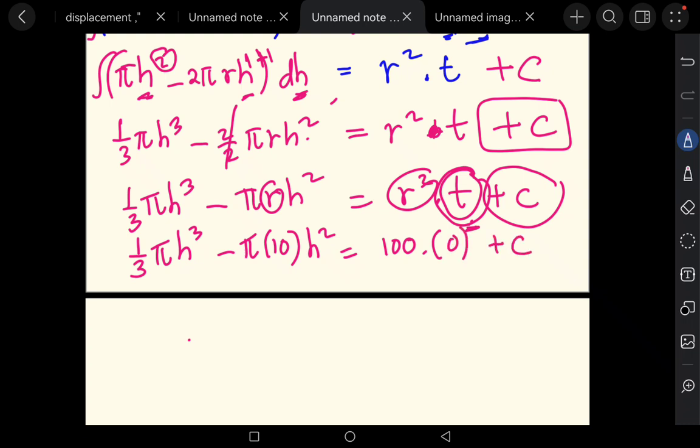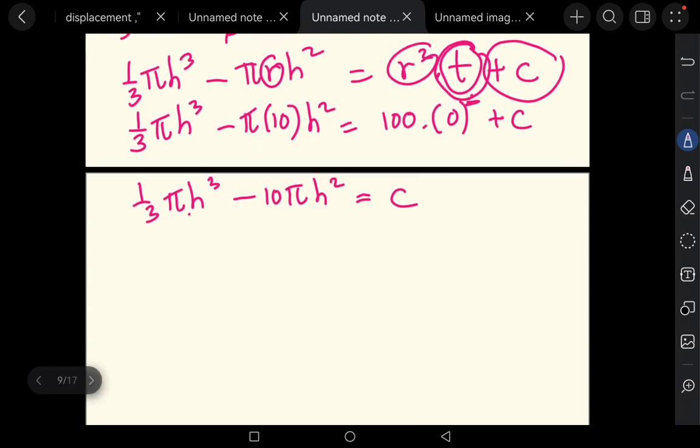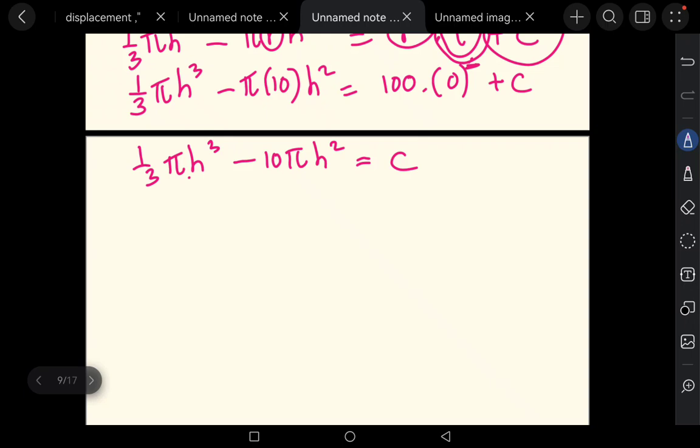Alright. So now you have 1/3 pi h cubed minus 10 pi h squared equals c.